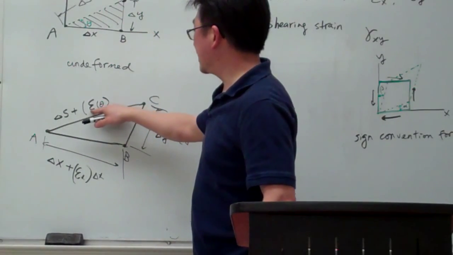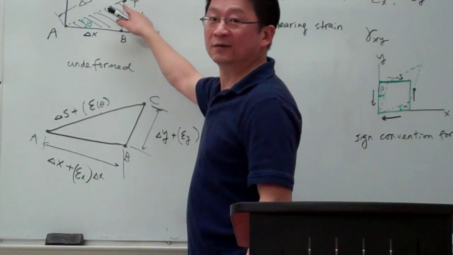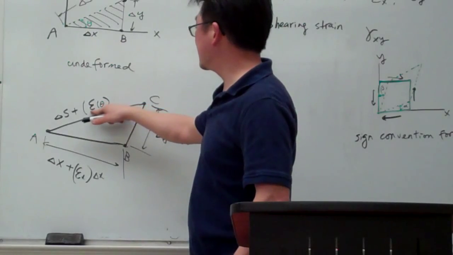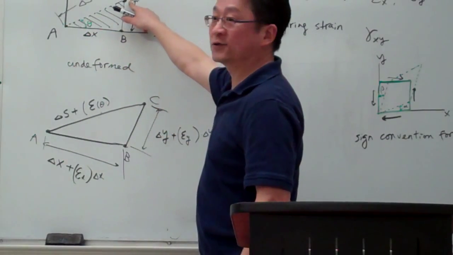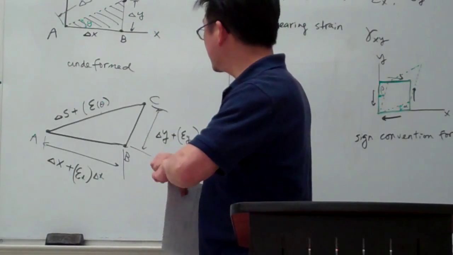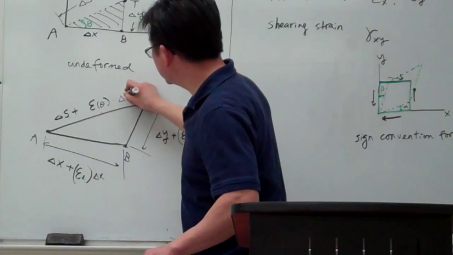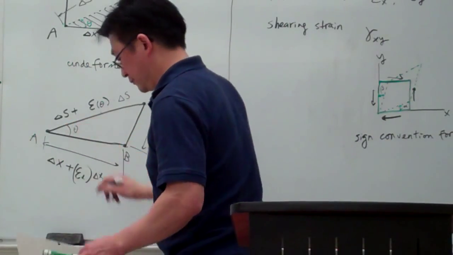Epsilon theta represents the normal strain in this orientation, multiplied by its original length.